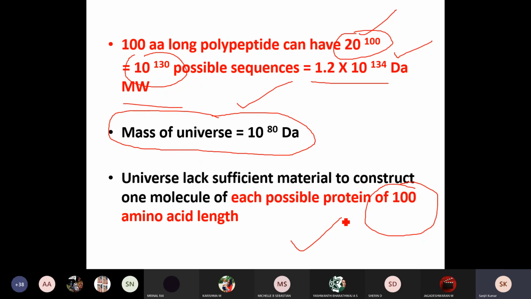So that is the thing I am going to discuss. Just understand a 100 amino acid long polypeptide: how complicated that protein sequence is, how many combinations, permutations and mutations there are, and what types of conformation a protein can form.